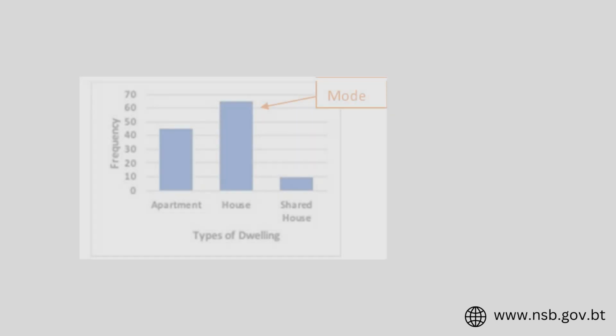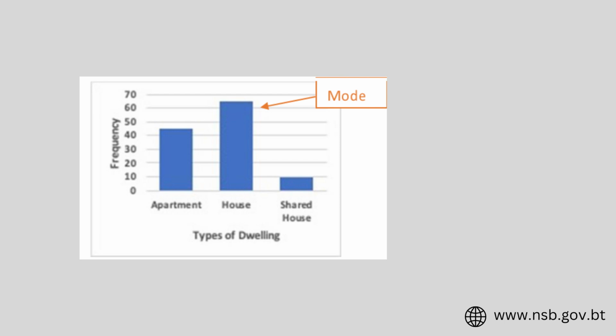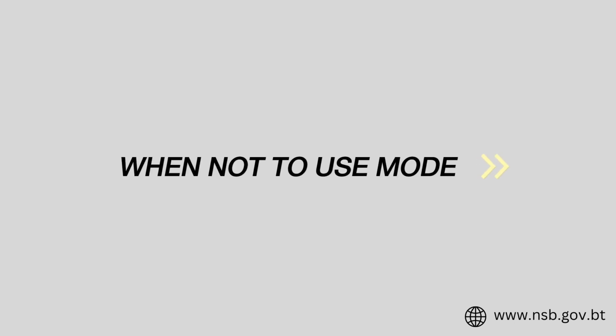Normally, mode is used for categorical data to determine which is the most common category as illustrated by the graph given below. From the figure, we can see that the most common type of dwelling is a house. When not to use mode.